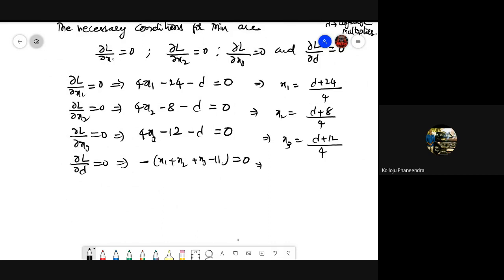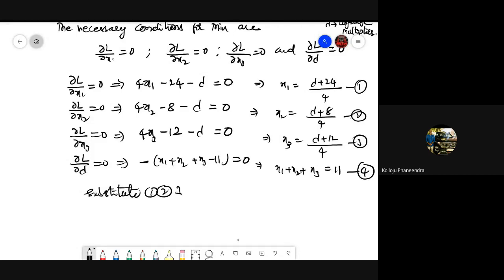And the last is x1 plus x2 plus x3 minus 11 equals 0. Take these as 1, 2, 3, and this as 4. Substitute 1, 2, 3 in 4. So 4 implies what?